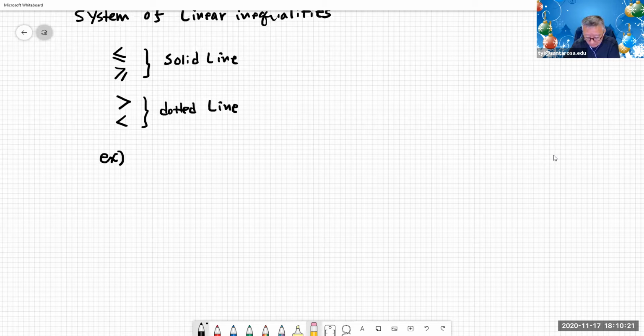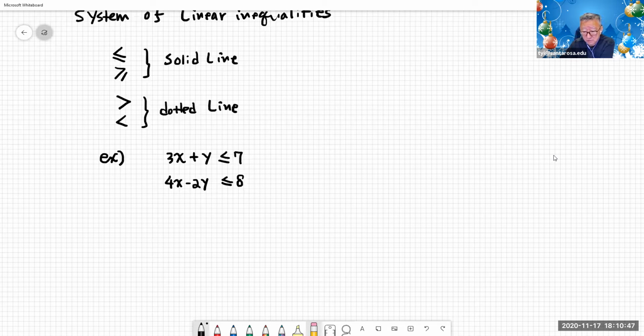So here's the example. I have 3x plus y is less than or equal to 7. Then I have 4x minus 2y is less than or equal to 8. So the first thing that we have to do here is draw a graph.